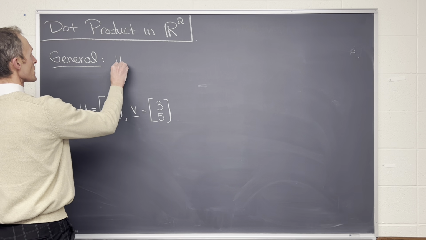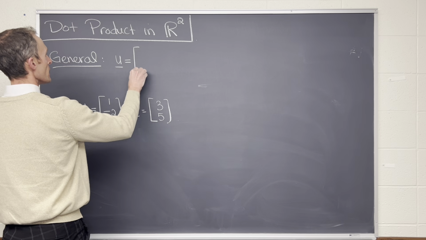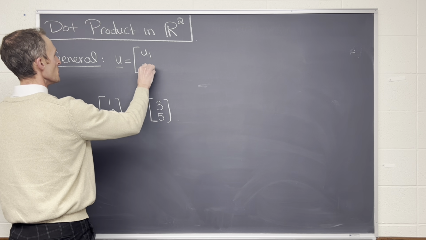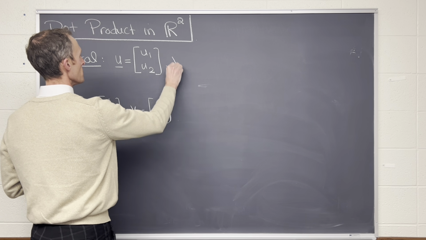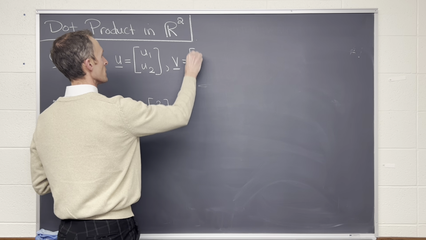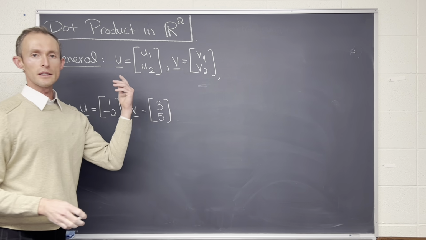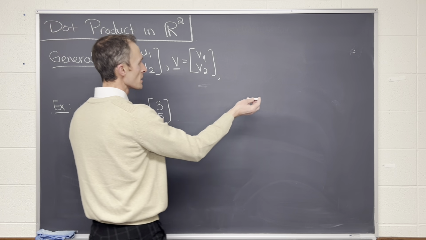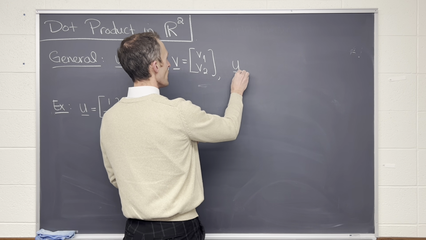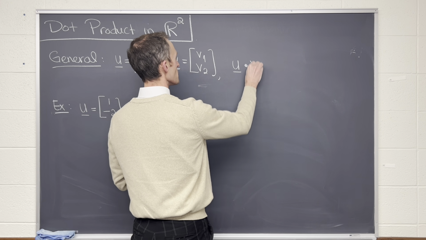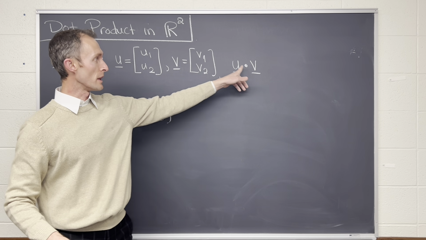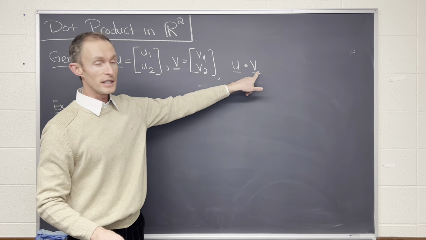If you give me a vector u, which looks like u1, u2, and you give me a vector v, which looks like v1, v2, then how do I get the dot product of the two? There are a lot of ways to denote this. I personally don't like this notation, where you just do u, then a big dot, and then v.